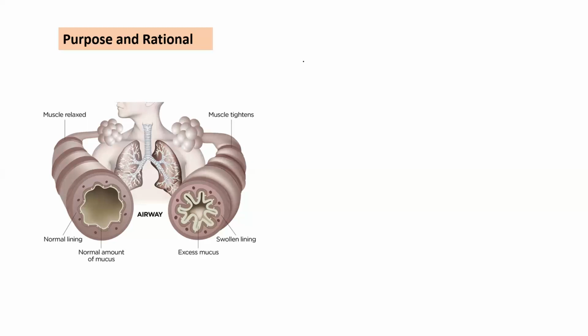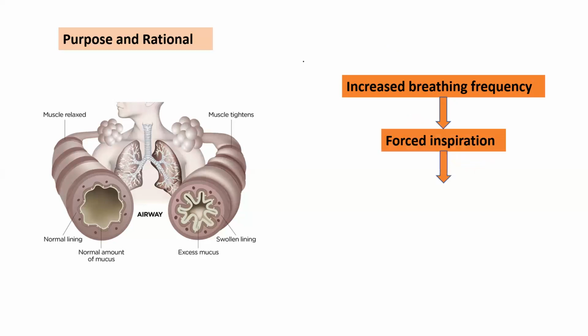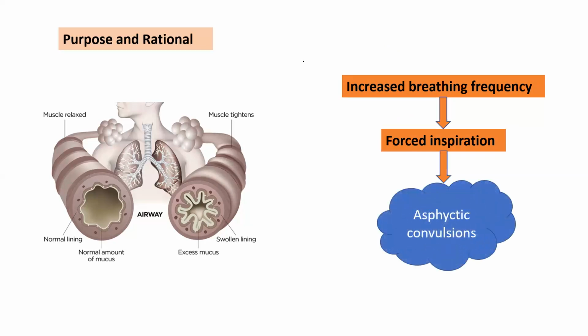So when you challenge the animals with this spasmogen, it shows first symptoms as increased breathing frequency. So one has to observe the increased breathing frequency. Then after that, forced inspiration is observed, and finally you will observe the asphyctic convulsion, which is observed in patients of bronchial asthma.